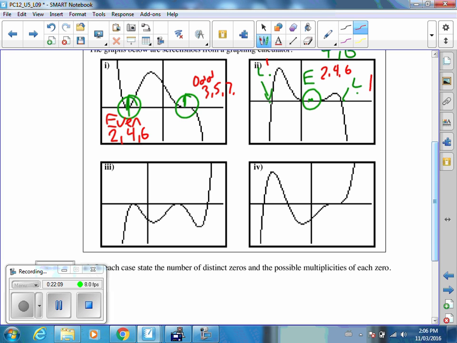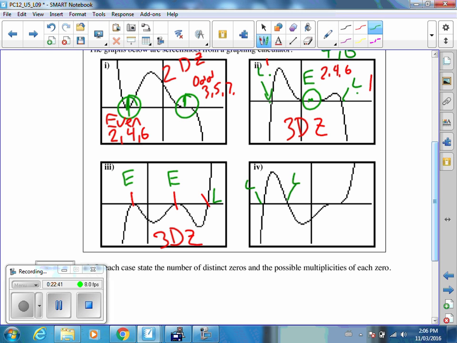This is what do they want? Total degree, possible multiplicities. So this has 2 distinct zeros, or unique zeros. This has 3 distinct zeros. This one has 1, 2, 3 distinct zeros. This is an even multiplicity, 2, 4, 6, 8, etc. And this is linear, which means it must be 1.